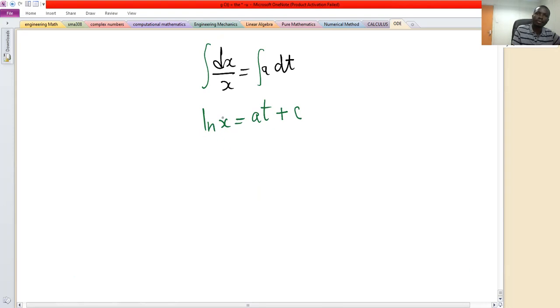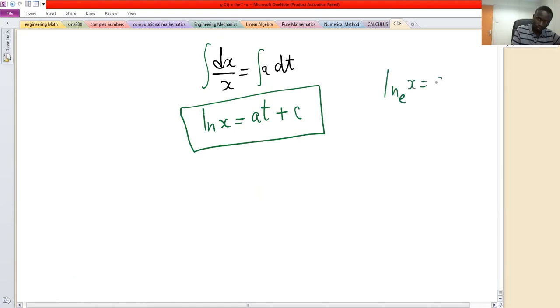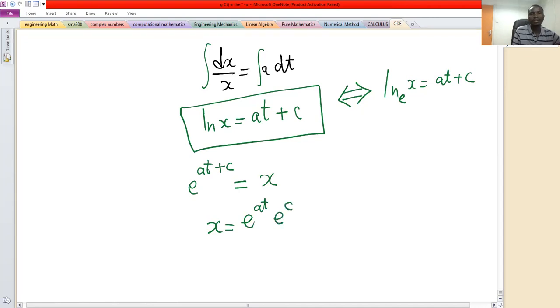Now remember ln, the base is e. So writing in exponential form, it means that e raised power at plus c equals x, and so x equals e raised power at times e raised power c, just laws of indices.